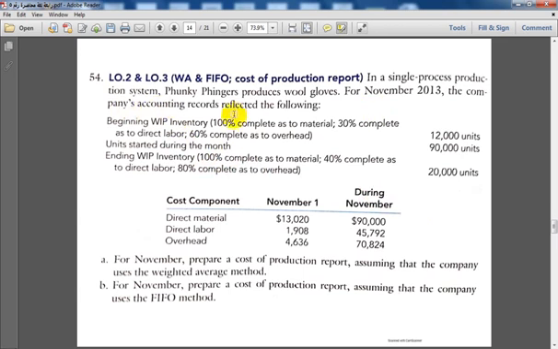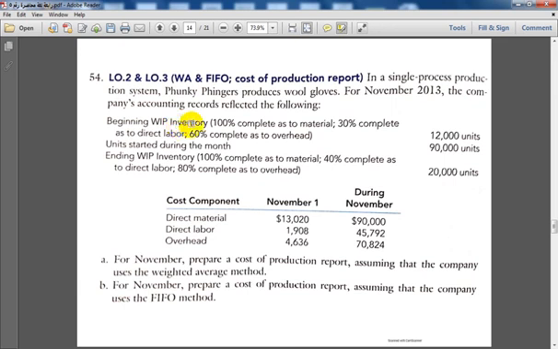The next exercise. In a single process production system, Funky Fingers produces wool gloves. For November 2013, the company's accounting records reflected the following.